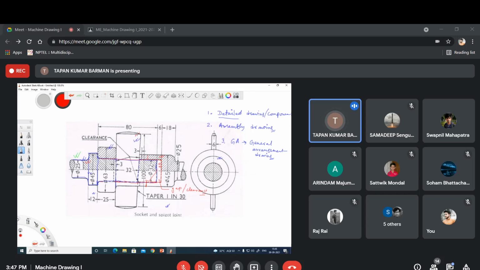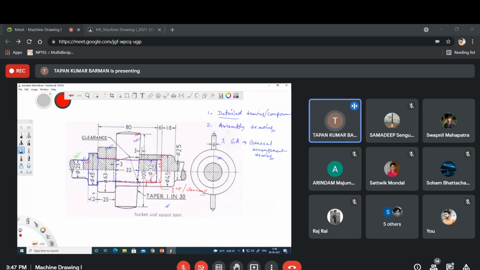Then you have to put in this third component. So when you draw this individual right hand side component, there you need to provide this type of hole. But if you do not use the section, then this line is not possible to see.